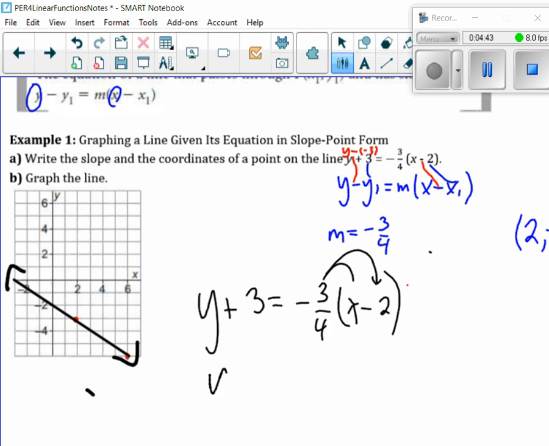So I get y plus 3 equals, what do I get when I multiply negative 3 over 4 times x? Yeah, negative 3 over 4x. Okay, does anybody know what I get when I multiply negative 3 over 4 times negative 2?